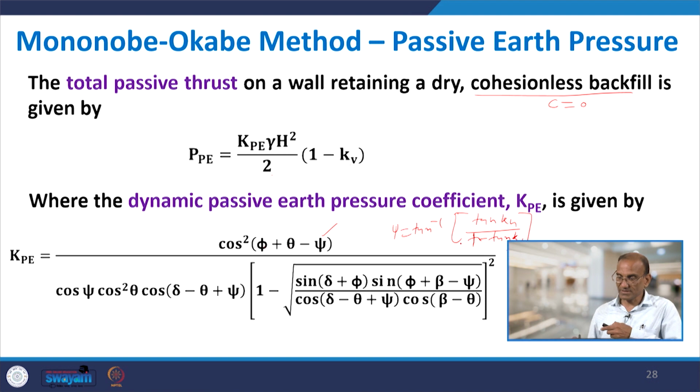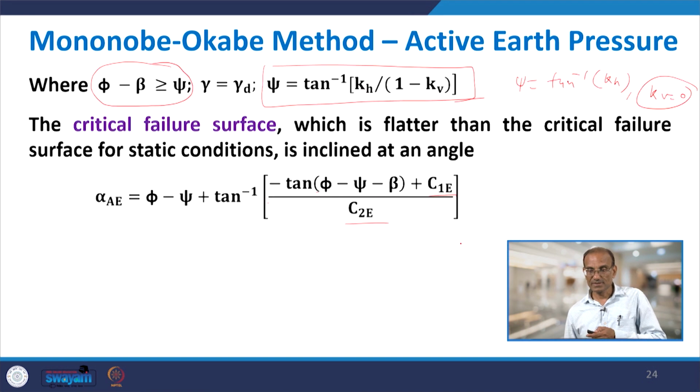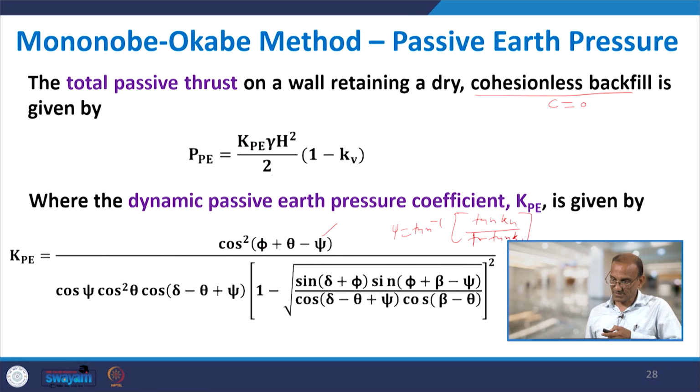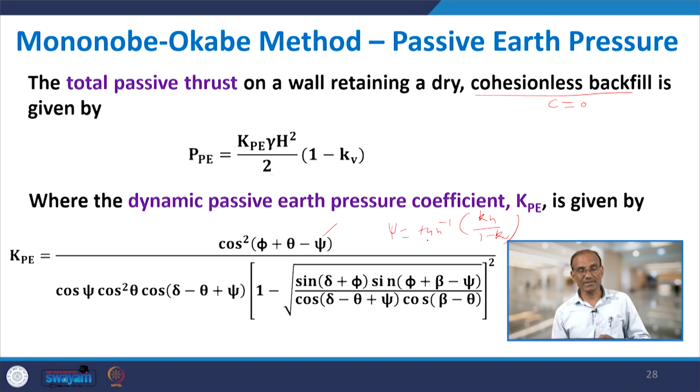So, the definition remains the same as we discussed earlier. So, this is psi equals tan inverse kh divided by simply 1 minus kV. Using this equation you find the value of psi, and Kp is given from this relation.